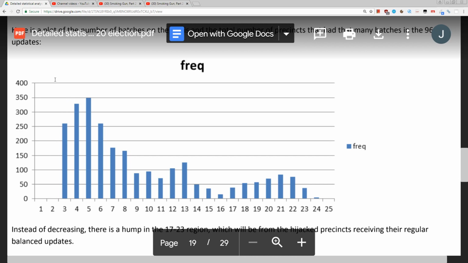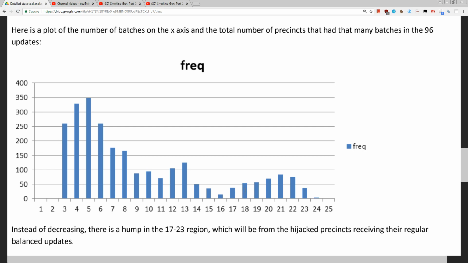So that's the mode. Here it's decreasing, but then you've got a sudden increase of precincts that are suddenly reporting 20, 21, 22, 23 modifications, and it's all in Fulton, it's all in DeKalb, it's all in Cobb. Why?